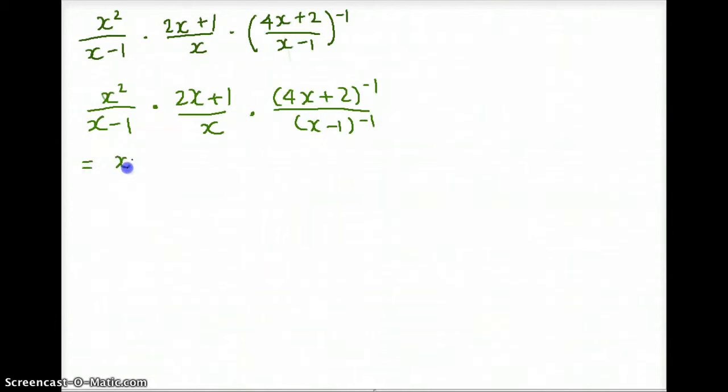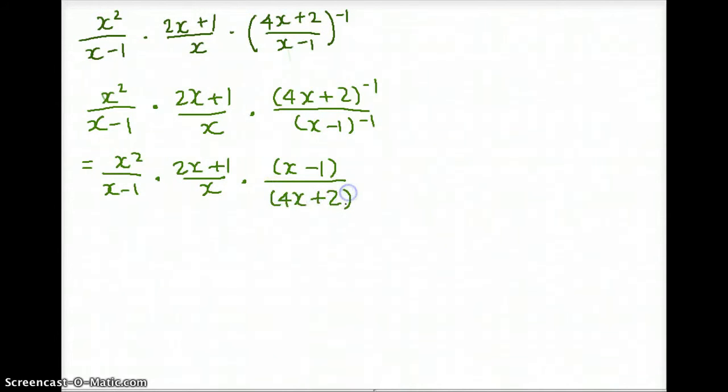So then we're going to rewrite this whole thing. And since it's the power of negative 1, we know that the numerator has to go to the denominator, and then the denominator has to go to the numerator. So we get x minus 1 to the power of 1, but I'm not going to write that, over 4x plus 2 to the power of 1. Okay, I guess we can write it, but we don't have to.